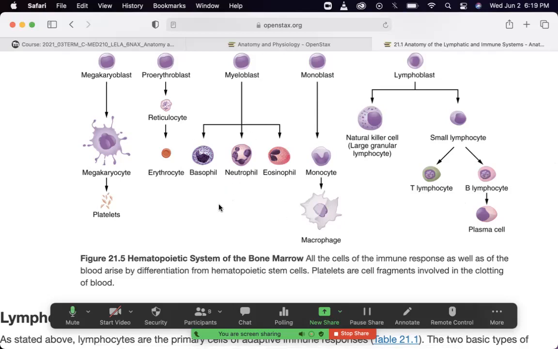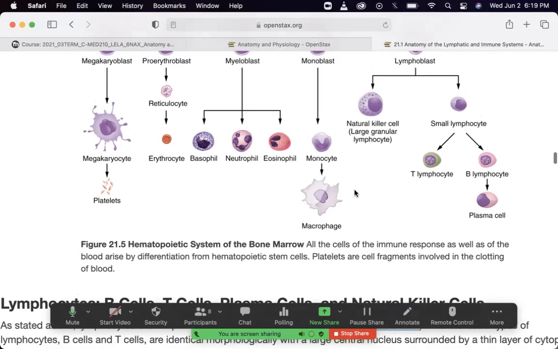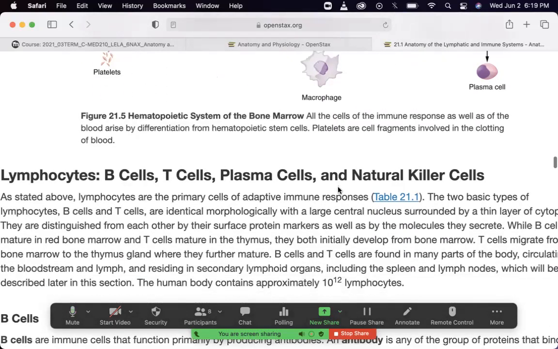And your differential, or the percentage of basophil, neutrophil, eosinophil, macrophage, NK cell, T lymphocytes, and B lymphocytes can tell us more specificity on what kind of pathologic process is going on. And we're going to show you that in a minute.